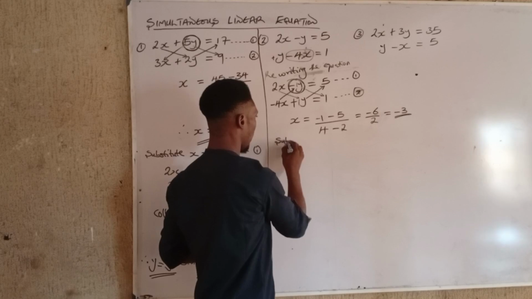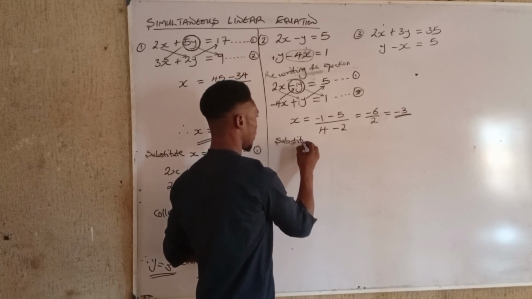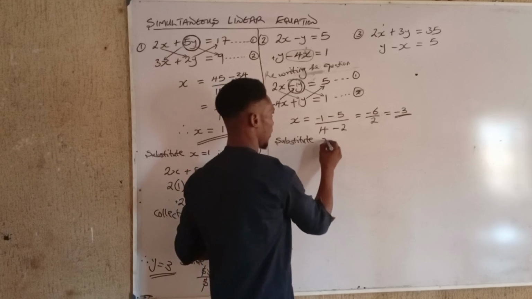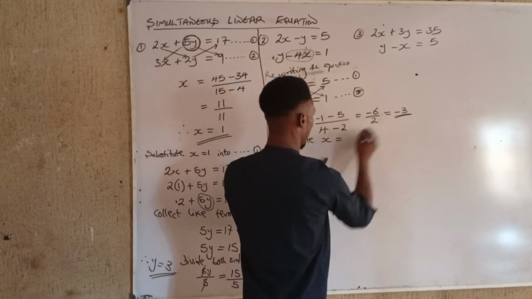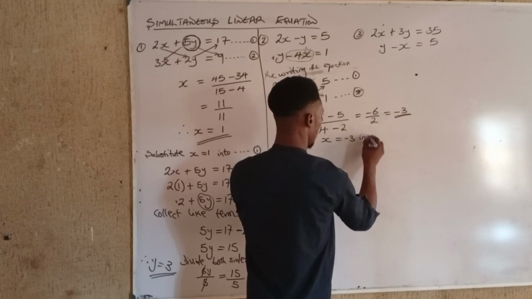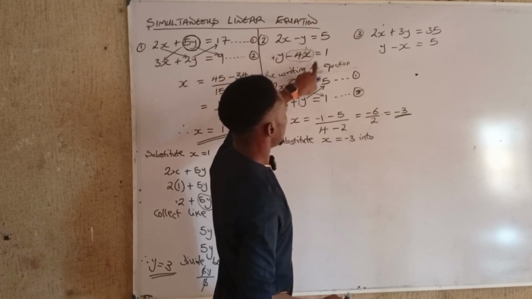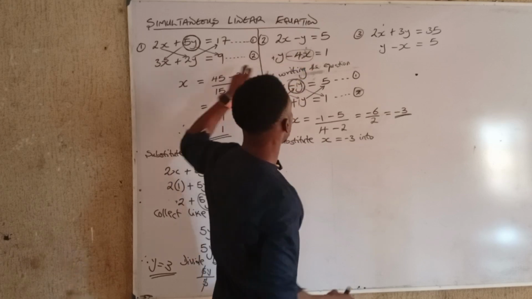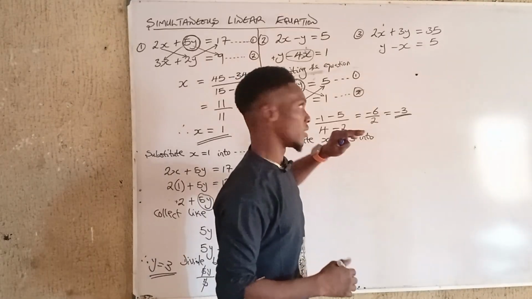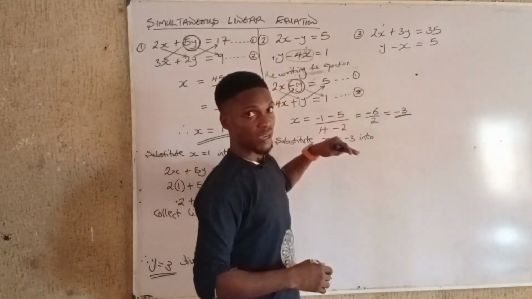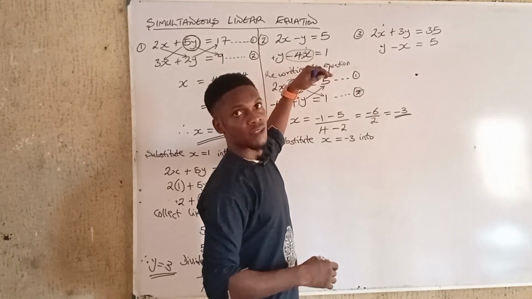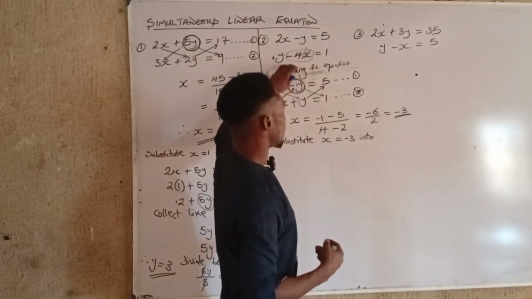Then to find the y now, substitute the value of x being minus 3 into any of these equations. In the previous example, I used equation 1. So in this example, I'm going to use equation 2.